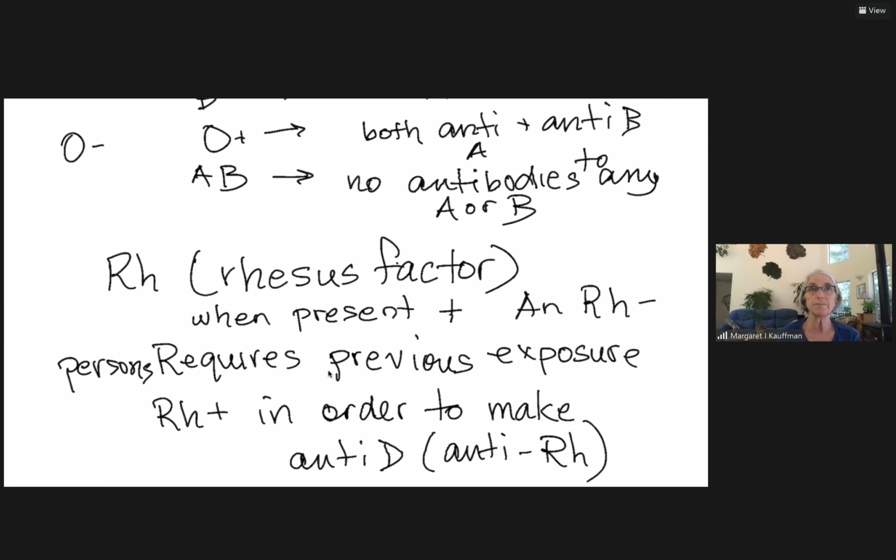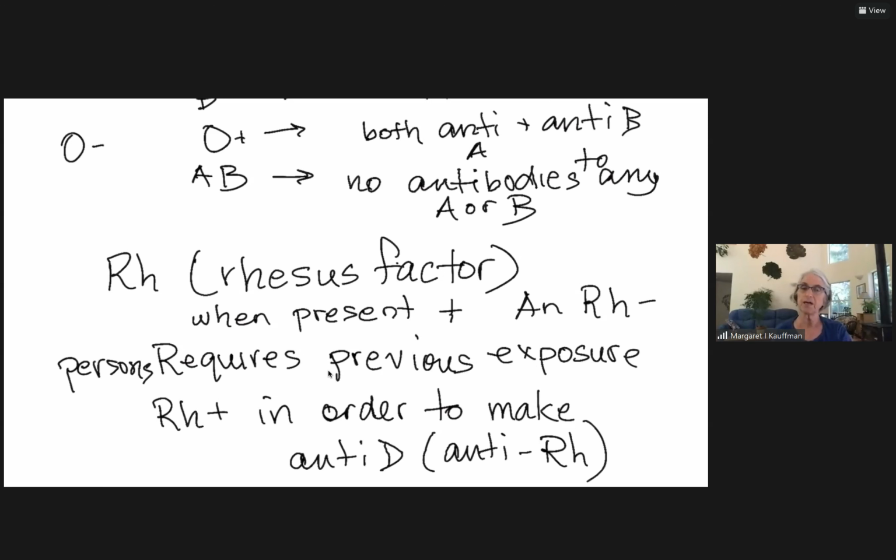But in any pregnancy, near the end of pregnancy, the placenta begins to break down and the mother and the baby's blood mixes. So the mother becomes exposed to the Rh factor in her first child's blood, and starts to generate antibodies against that baby's blood. Normally, though, that first child's born before the mother has a chance to make a sufficient number of antibodies to cause a problem for the baby.